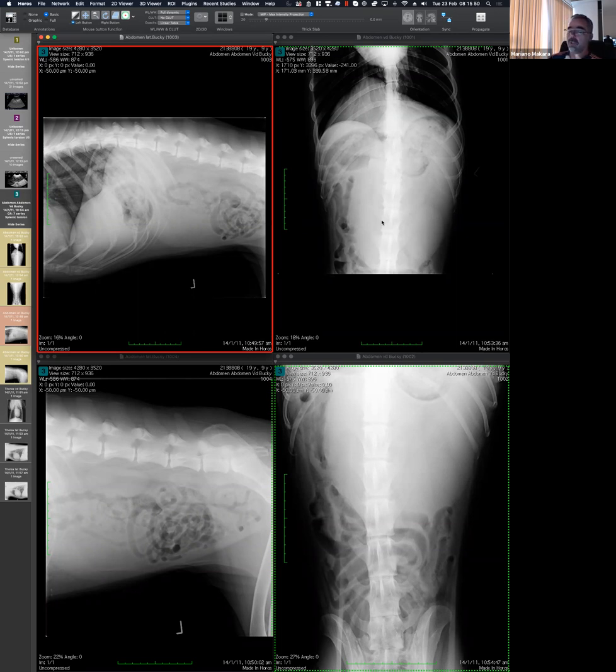Then the next point in this discussion is, can we have situation number 2, which is the mass effect or mass, and then additional free fluid or not? Makes sense? So if we see borders, then we call it a mass. If we don't see borders, we can call it mass effect. And then there are a couple more considerations that we need to make in terms of whether there is fluid there or not.